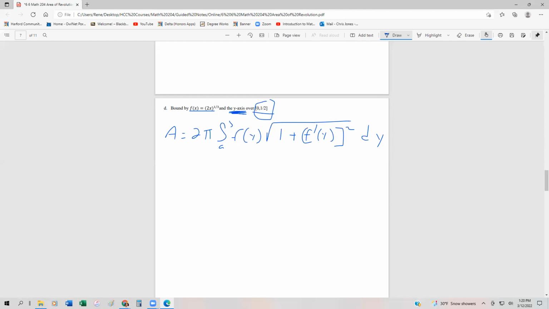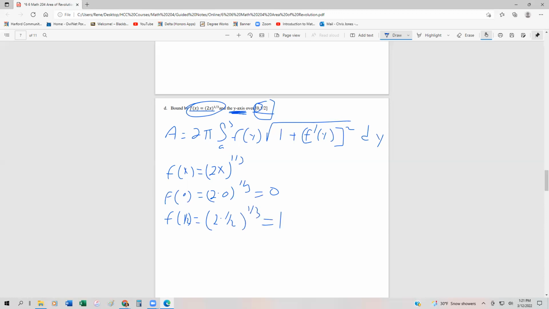If f of x is equal to 2x to the 1/3, and we substitute 0 back in, f at 0 is 2 times 0 to the 1/3, which is 0. And f at 1/2 is 2 times a half to the 1/3, which is equal to 1. So our y bounds are 0 to 1.